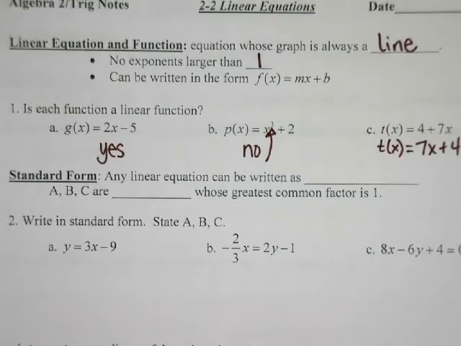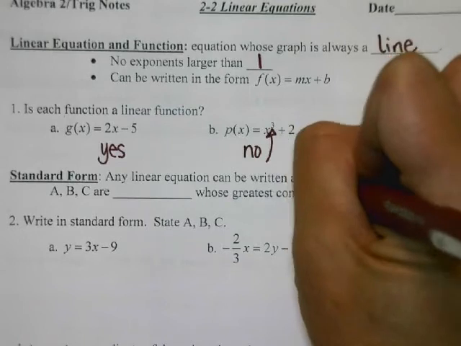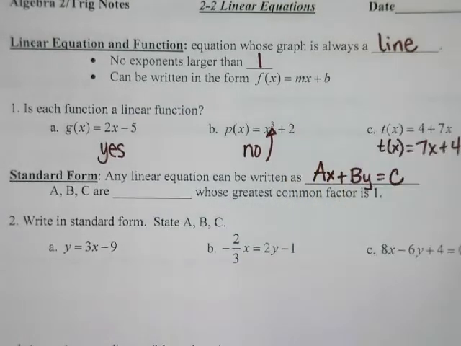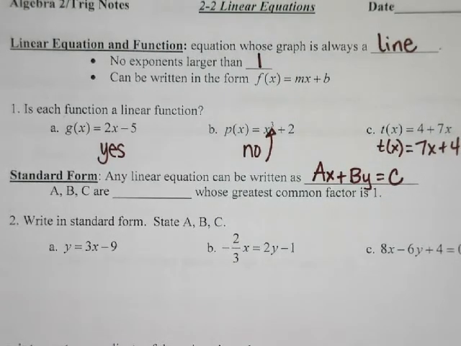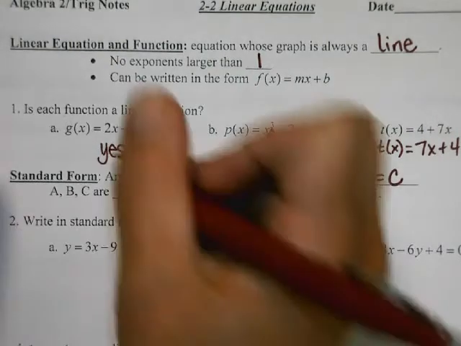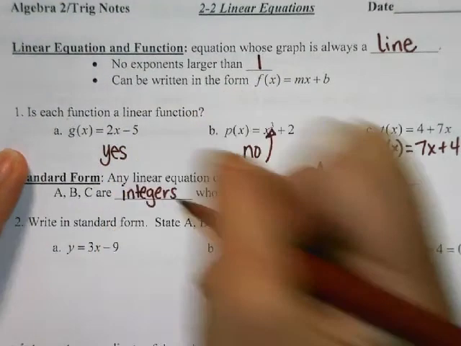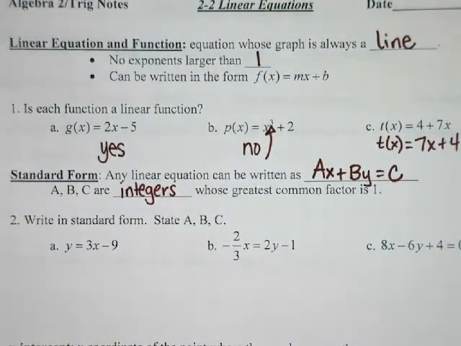Standard form. Any linear equation can be written as ax plus by equals c. A, B, and C are always integers. Okay, we sort of skipped that little part too about integers.